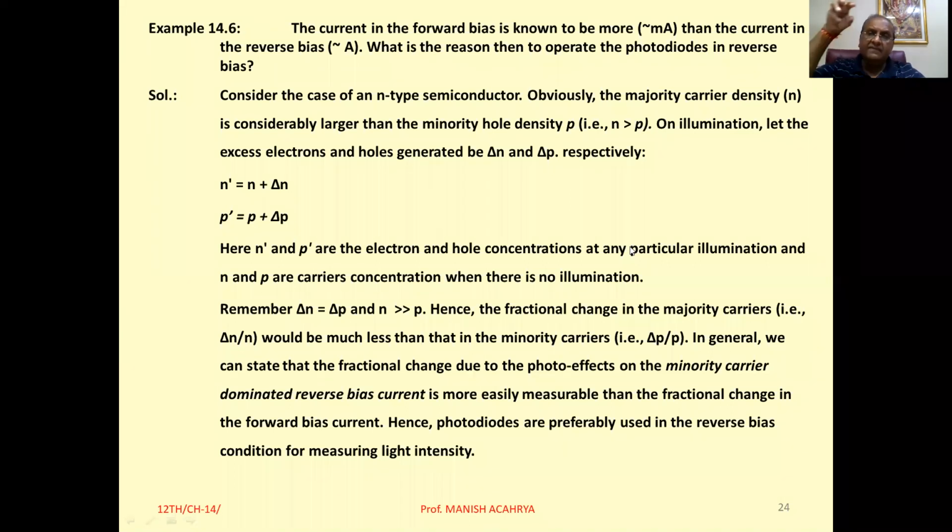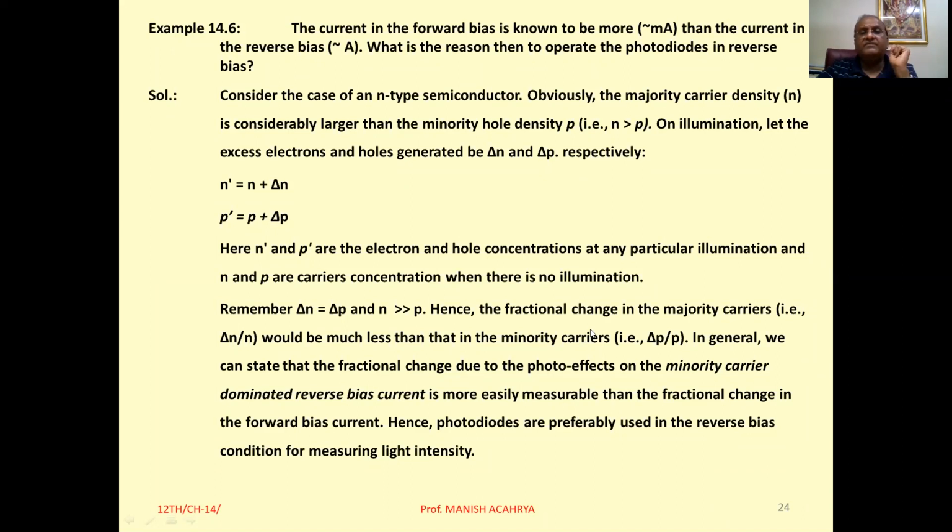Now see, when it is illuminated by light, the electron hole pairs are generated. So in that particular case, delta N and delta P will be the same.